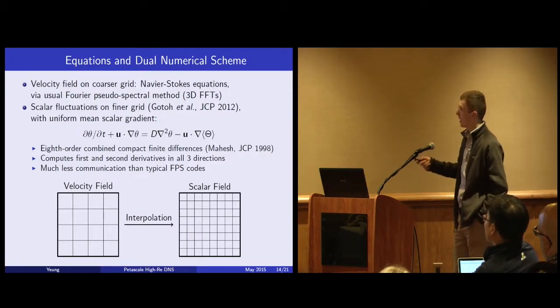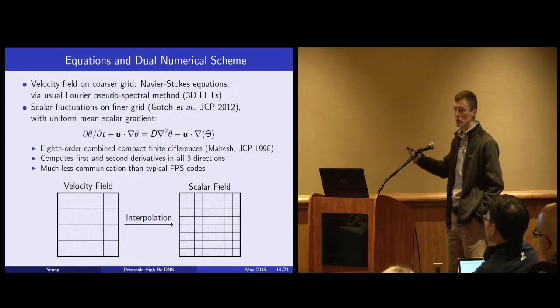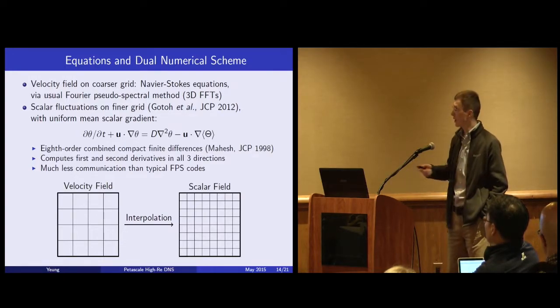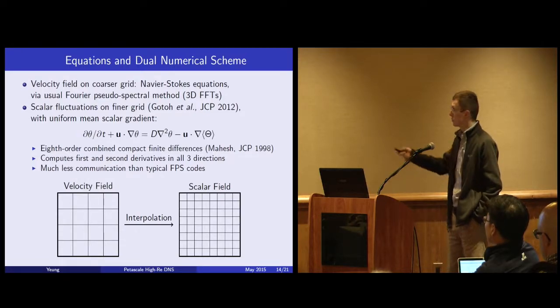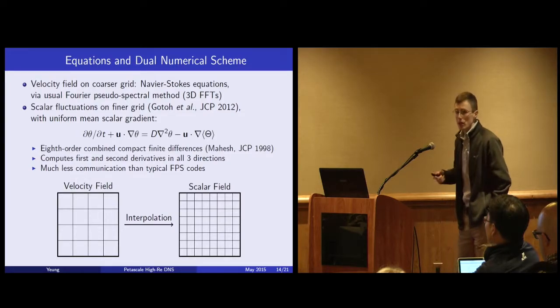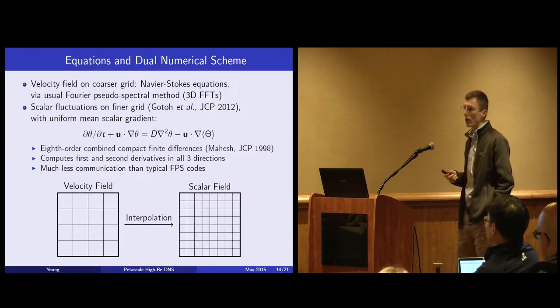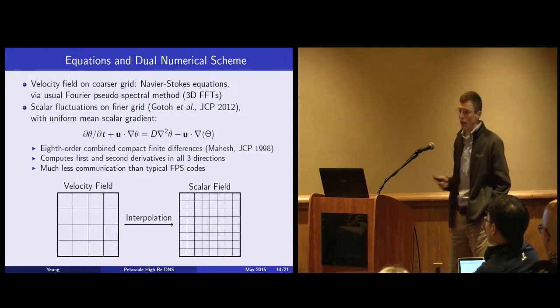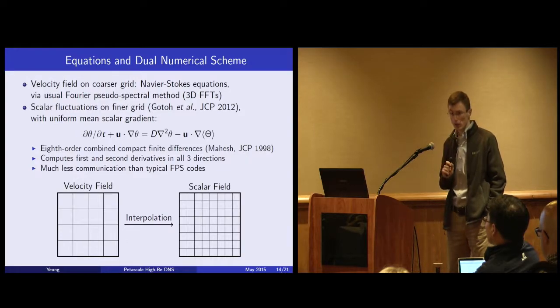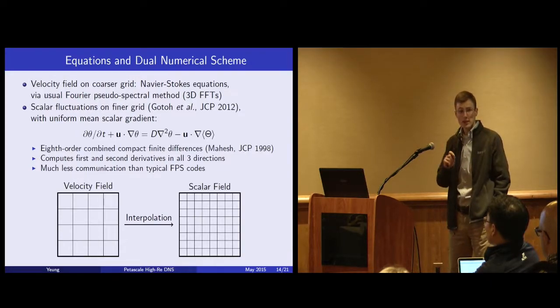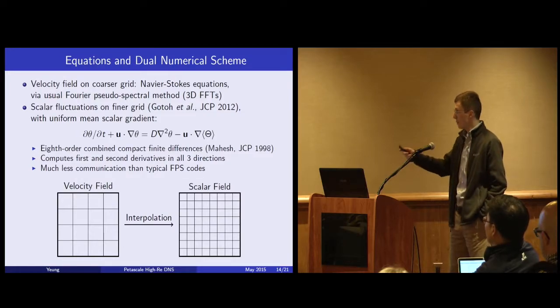The code solves the velocity field using the Navier-Stokes equations that Professor Yeung presented, using our existing pseudospectral code on Blue Waters, which relies on three-dimensional FFTs. But the passive scalar field does not require numerical methods like FFTs for its solution. Instead, we can use a compact finite difference scheme, which has much less communication requirements but still maintains high accuracy, to solve the passive scalar governing equation very efficiently.